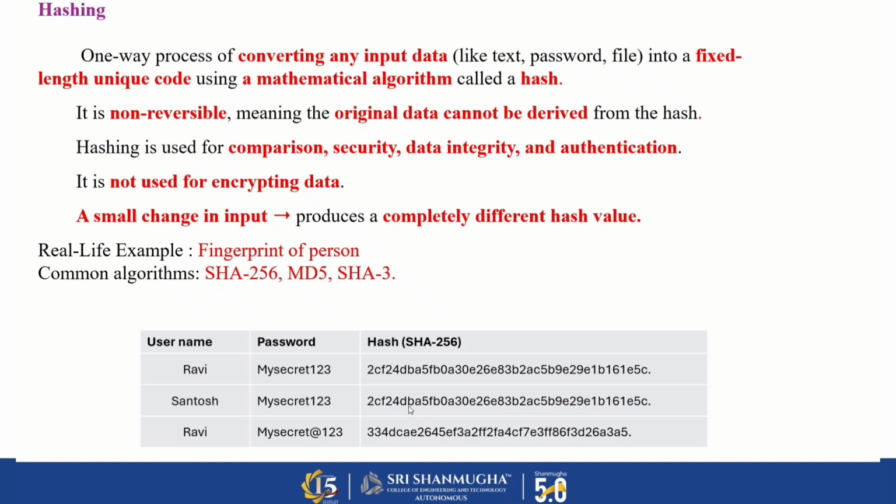So even though there are two different users, if they use the same password, the hash value will be the same. So for the attacker, it is very easy to attack using a brute force attack or dictionary attack. In order to overcome this, we are moving towards salting.